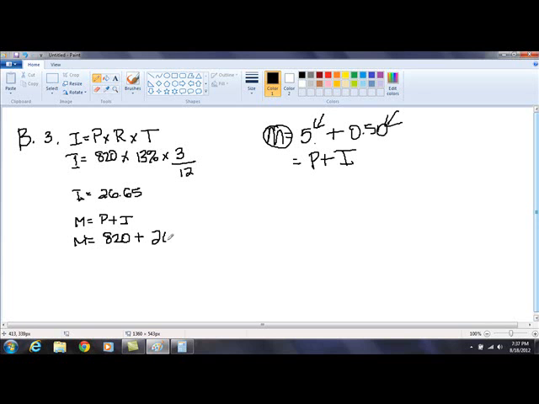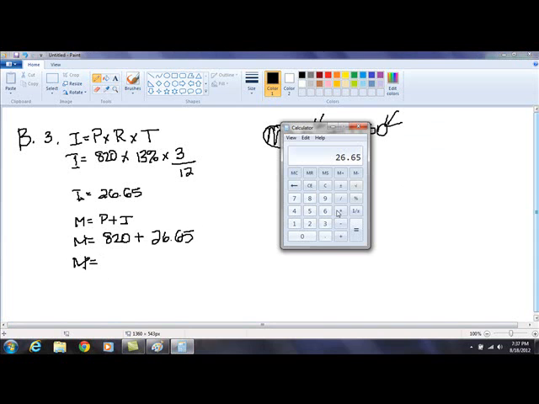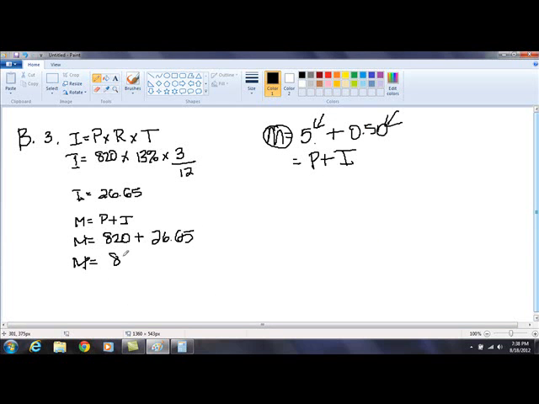My interest is $26.65. That means that my maturity value is $26.65 plus 820, $846.65.